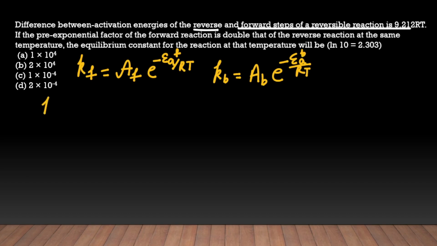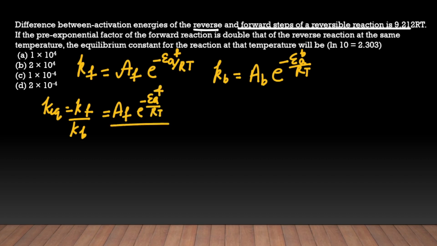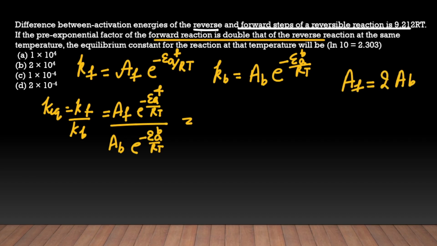Now the K equilibrium that we defined is the ratio of the rate constant of the forward to that of the backward reaction. That will be equal to A forward E raised to the power of minus E forward upon RT, upon A of the backward E raised to the power of minus EAB upon RT, right? So A forward, its condition is given: the pre-exponential factor of the forward reaction is double that of the reverse reaction, which means A of the forward reaction is 2 times the AB value, that is the pre-exponential factor of the backward direction.